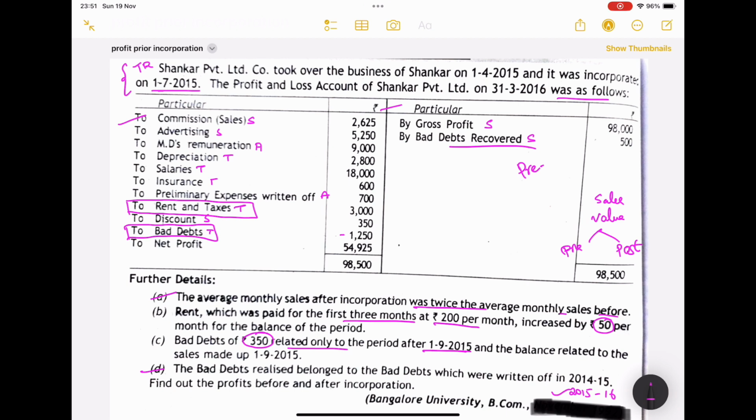Shankar Limited was in the financial year 2015-16, but the bad debts realized belonged to 2014-15. So it is fully related to pre-incorporation. This is an income, sorry, not an expense. So first, what we are supposed to do is solve all these adjustments. I'll calculate here only.